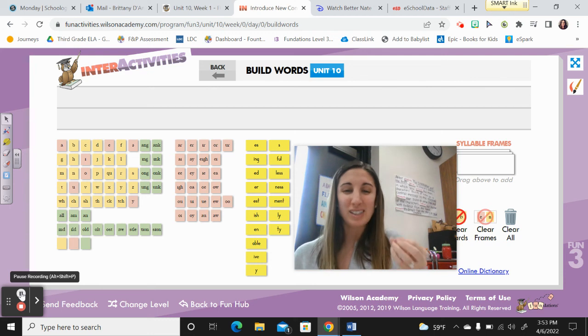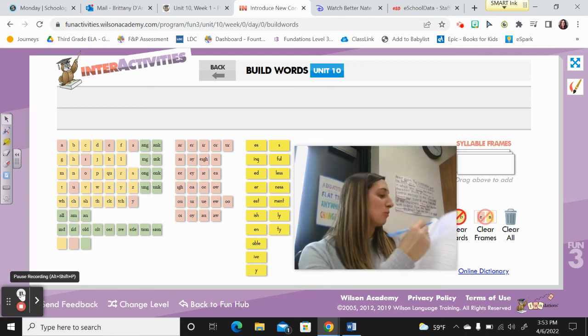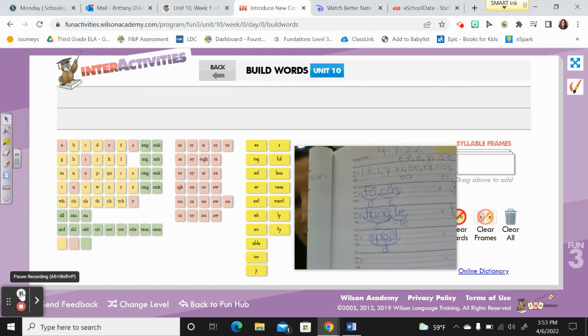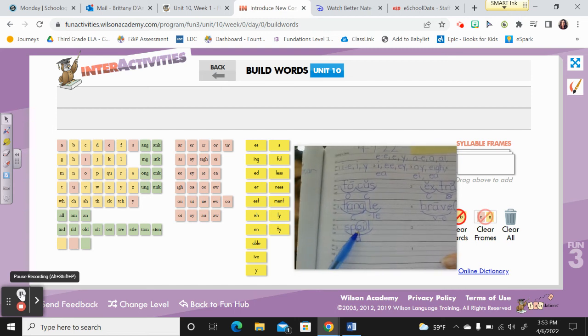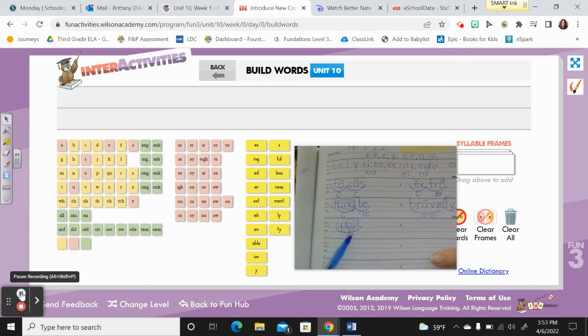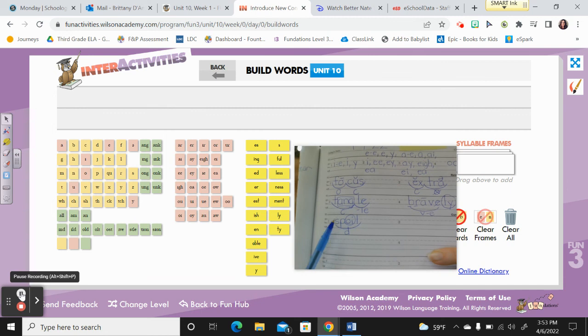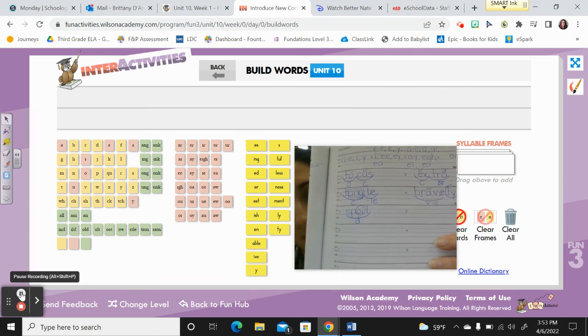Okay. What blend did you put at the beginning? SP, good. And then really the only oi that works in the middle of a word is OI. And then L. Did you scoop it and mark it D syllable for double vowel?